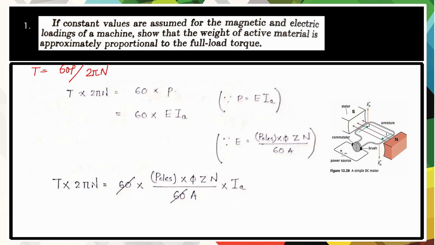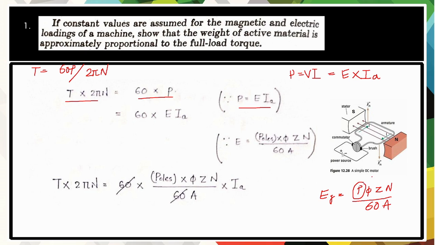So by cross multiplying, T into 2 pi N equal to 60P. We know that power equals E into IA, since P equals VI. IA is the armature current, E is the generated EMF, and in a DC machine, the generated EMF is E equal to P phi Z N by 60A, where P is the poles.